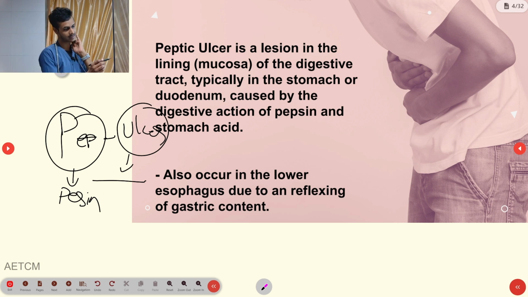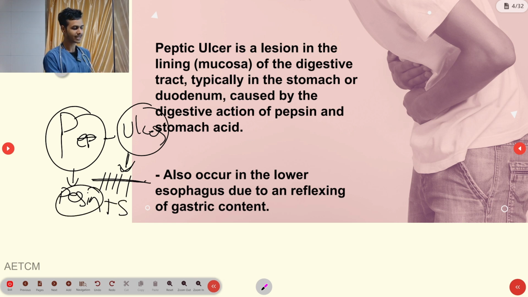Why does this ulcer happen in the GI tract? Because of the digestive action of pepsin and then stomach acid. Stomach acid in the sense that is our hydrochloric acid. If you combine everything, that is called peptic ulcer disease.